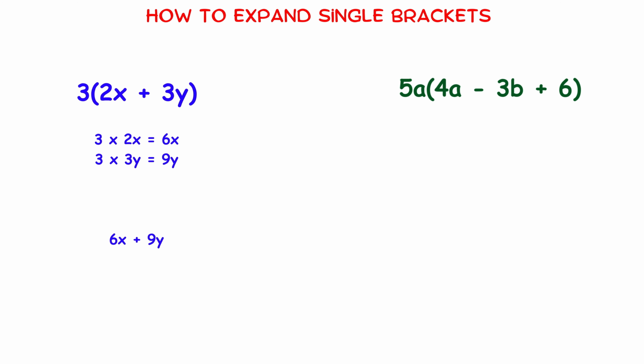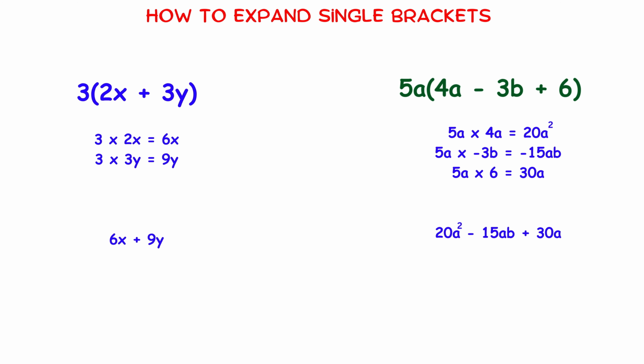But this technique was just a little bit quicker for this next one, because the 5a is the term on the outside of the brackets this time. We need to multiply the 5a by all three of these terms inside the bracket. And I recommend using little arrows like this to indicate which ones you need to multiply.